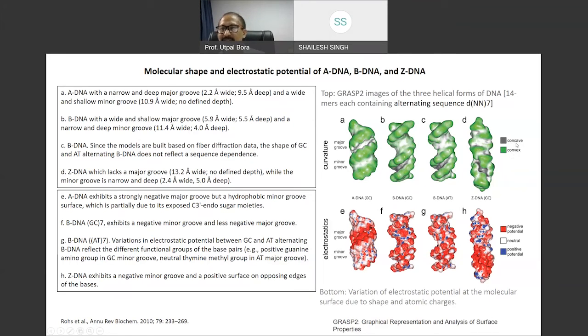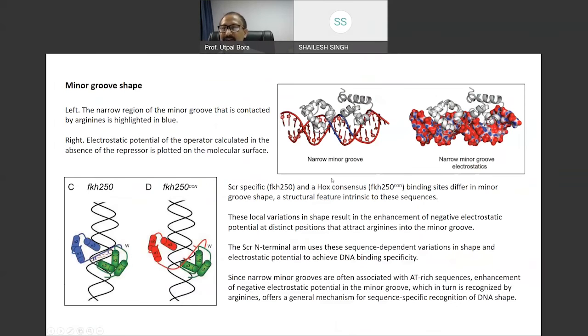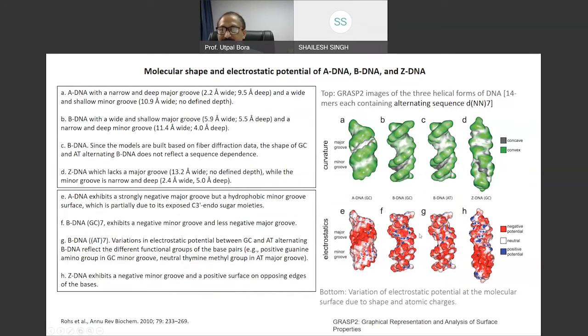Okay, and you have here in this topology certain concave features in the groove. The gray one is the concave surface, and the green one is the convex surface. You can see that they are different for each form of the DNA. On the top, you see images of the three helical forms of DNA containing alternating sequences of around 7-mers. And at the bottom, you see the variation of the electrostatic potential at the molecular surface due to the shape and the atomic charges.